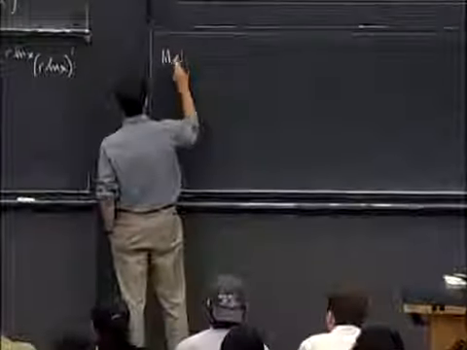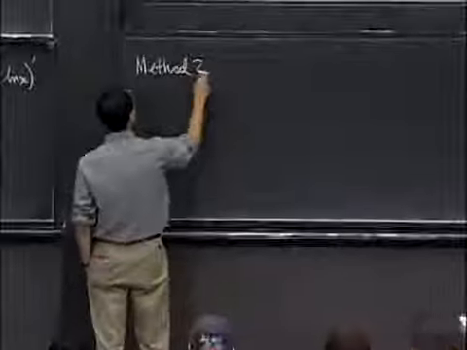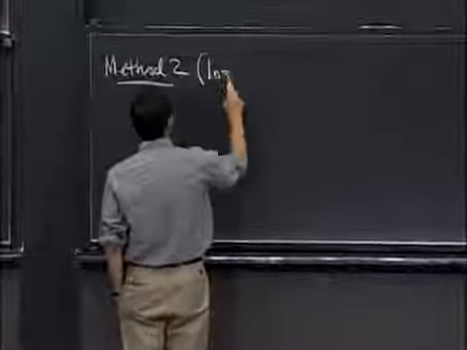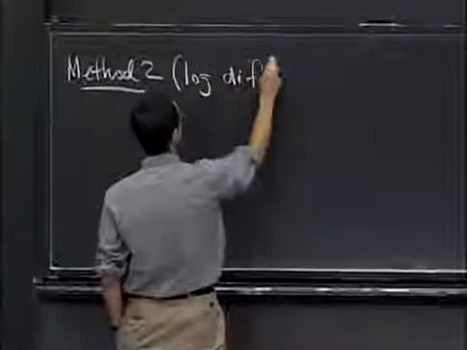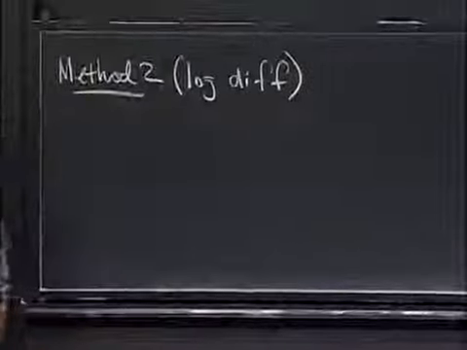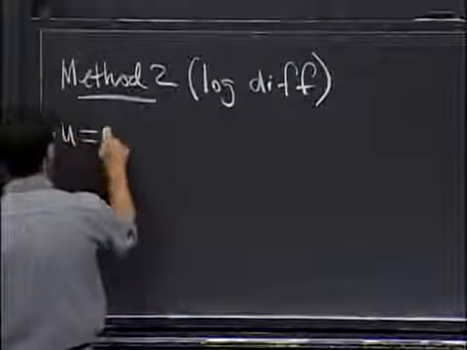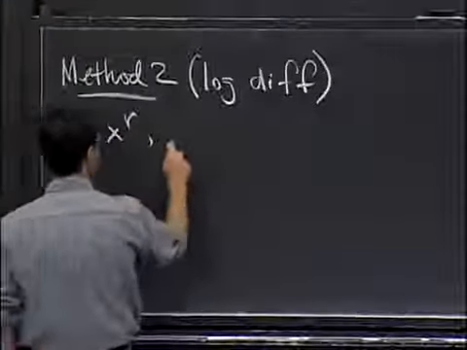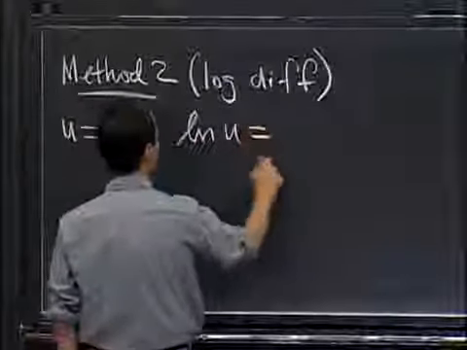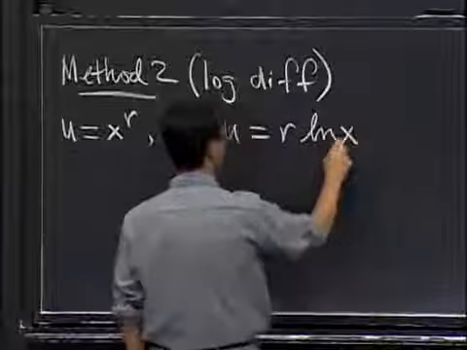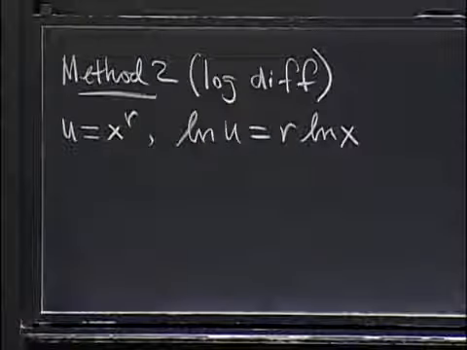OK, so now I have to show you how method 2 works as well. So let's do method 2, which we call logarithmic differentiation. And so here I'll use a symbol, say u for x to the r, and then I'll take its logarithm. That's r log x. And now I differentiate it.